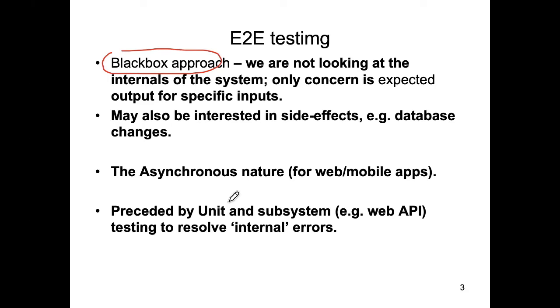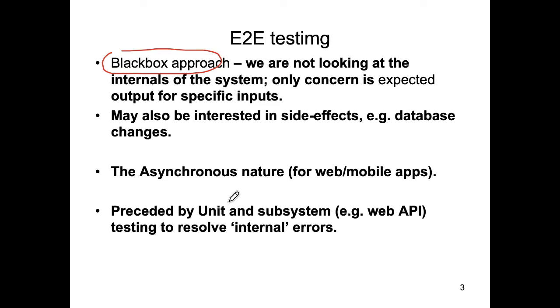But with the black box idea, when we are doing system testing, the assumption, of course, is that we have preceded it with unit testing and possibly integration testing. During those earlier testing phases, you would hopefully have ironed out many of the internal problems in the application.